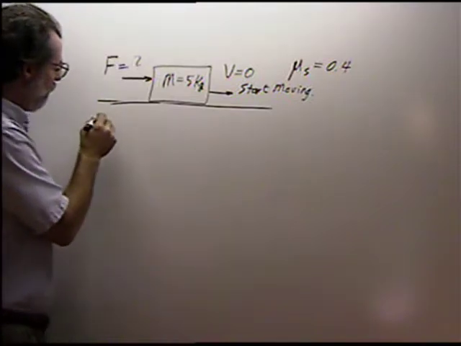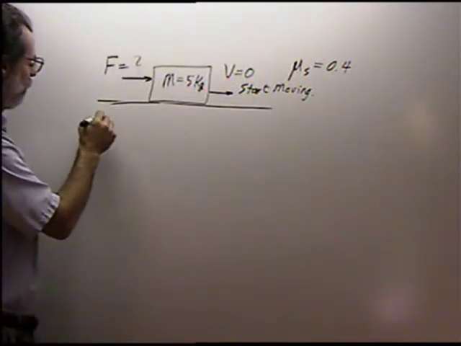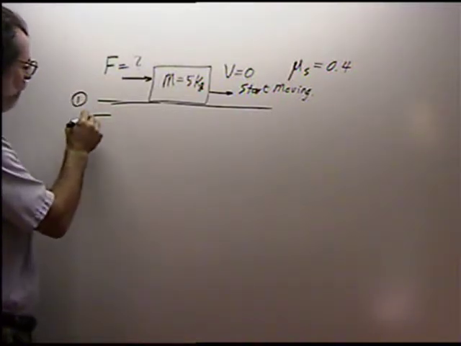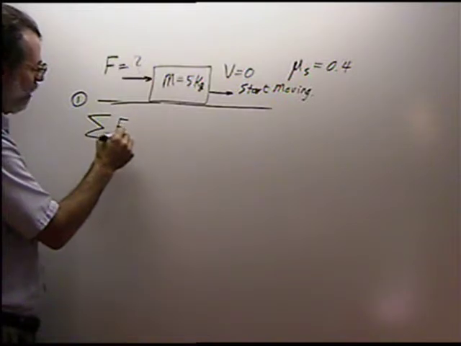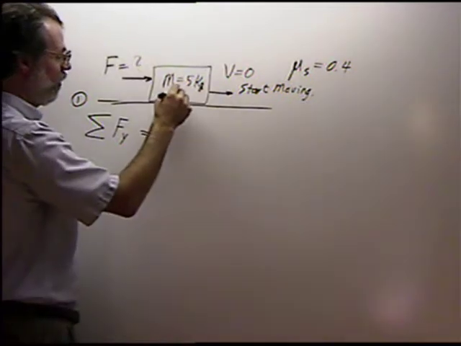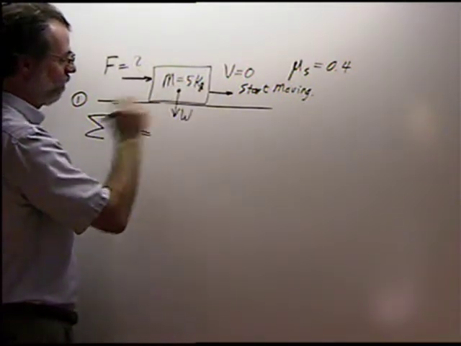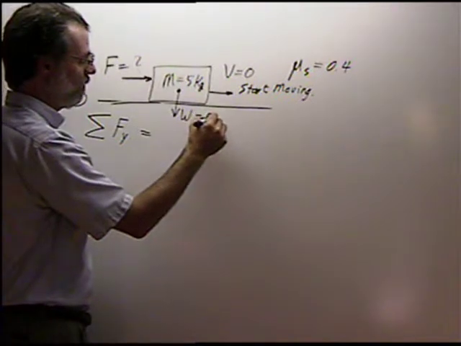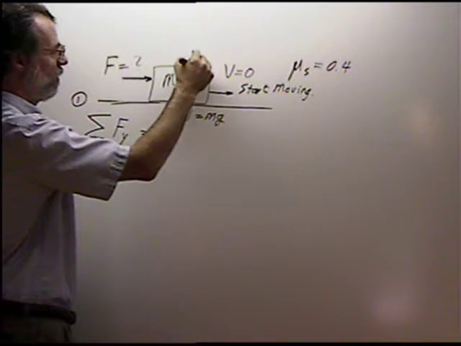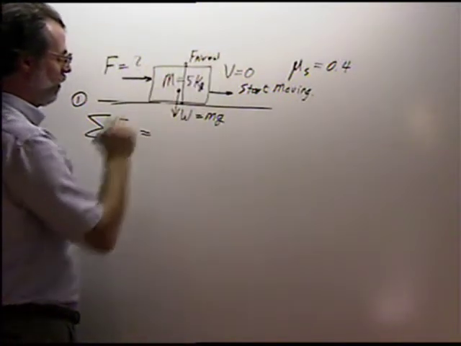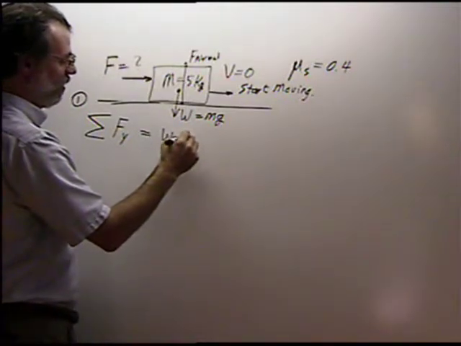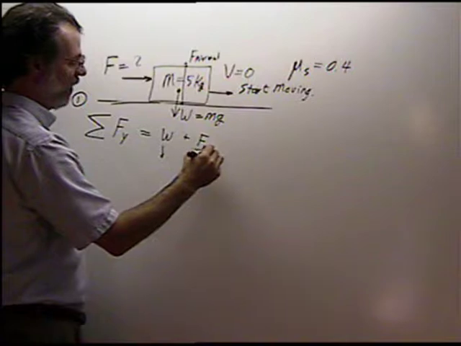We first look at the sum of the forces. Always the first step is to look at the sum of the forces in the y dimension. We have the weight of the object acting down. The weight is equal to mass times g. We have the normal force that acts up.